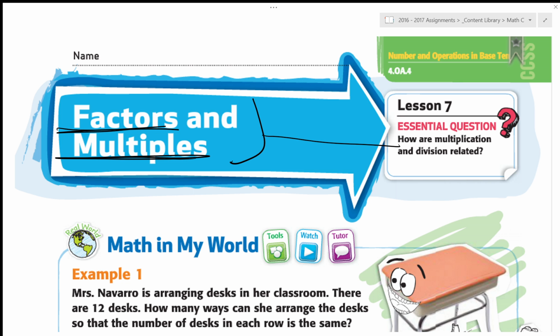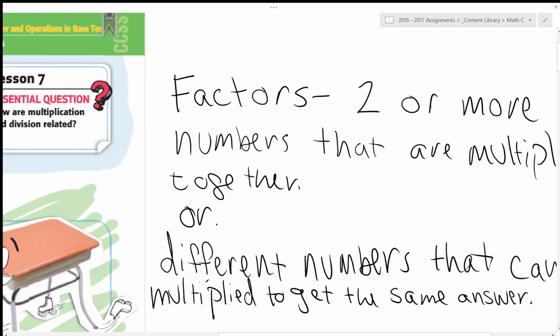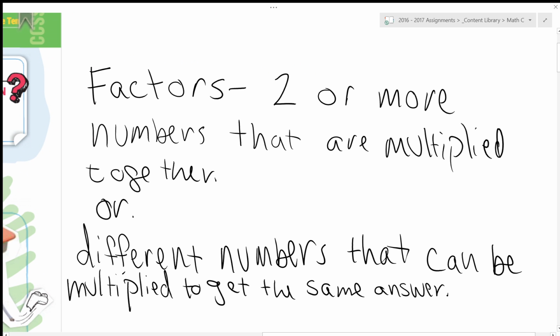Now before we go into the math problem, I want to look at factors again. Factors are two or more numbers that are multiplied together. So if we were to look at 4 times 3, that's going to equal 12.